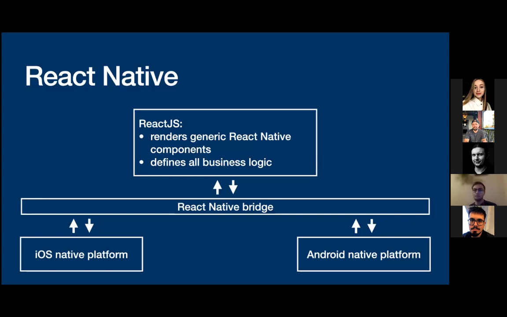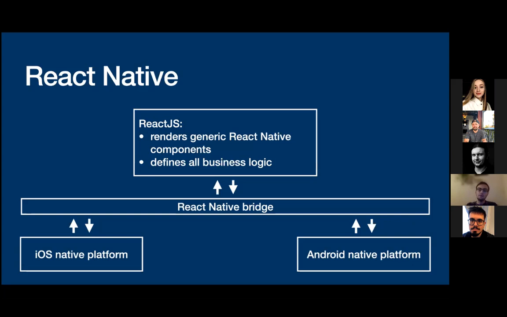Alongside the JavaScript thread, and when I'm saying thread, I mean a process running in an operating system. So along with the JavaScript thread, there is a so-called native or main thread. So this process is running in any native application and is responsible for using native platform features and rendering UI.